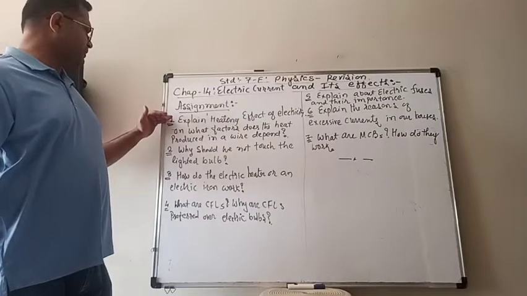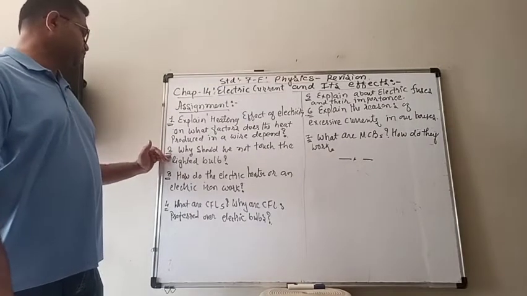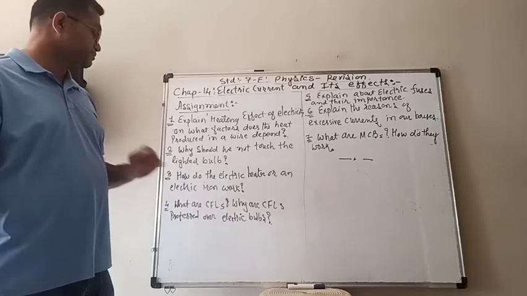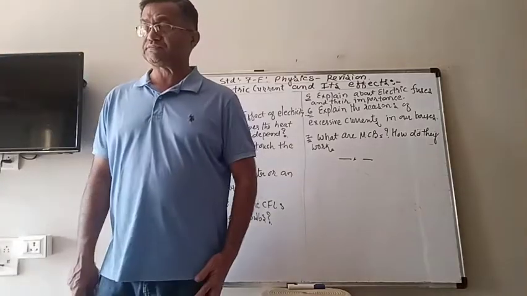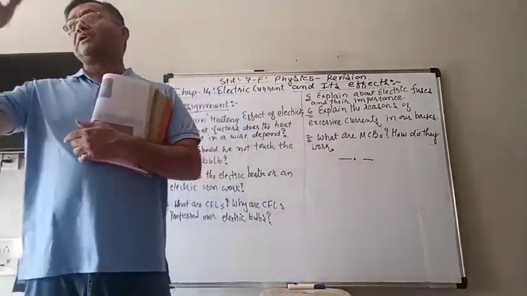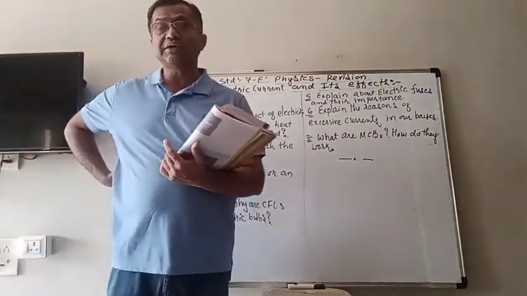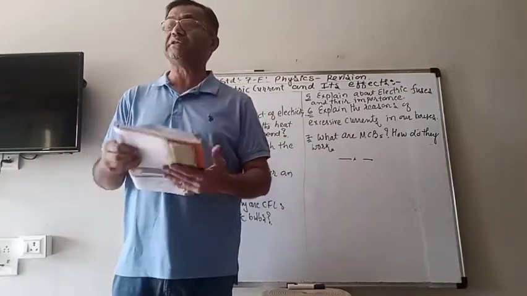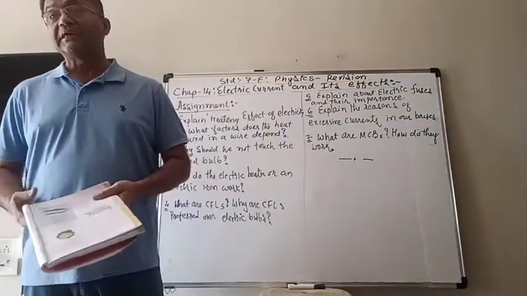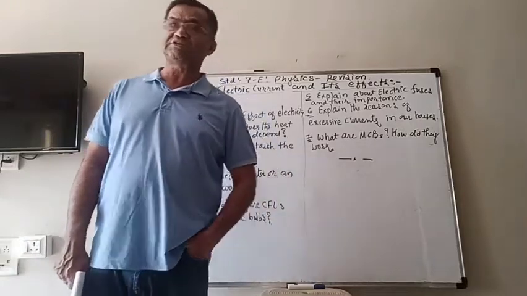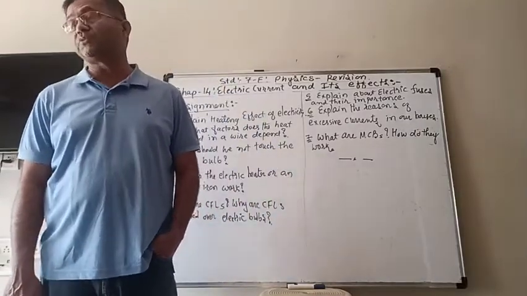So we discussed the first, second and third questions. Now the CFLs. In the beginning we discussed that when we switch on the electric bulb, it gives light, but along with it, it also produces heat.